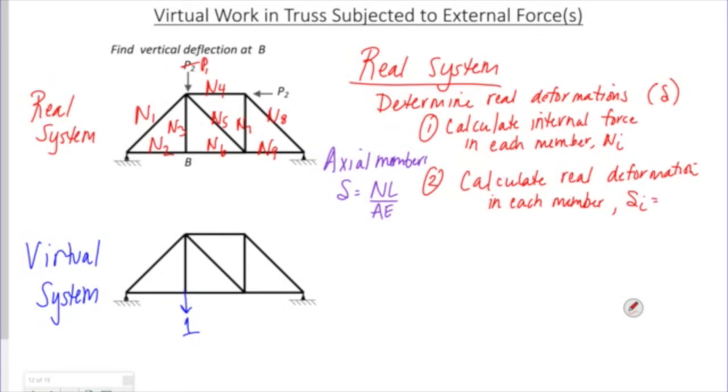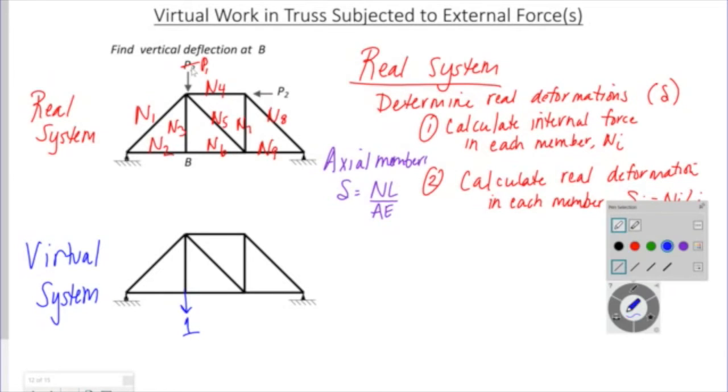Delta i is equal to Ni Li over Ai Ei. So each member is going to have a different force. Each member might have a different length, likely. Each member might have a different area and might be made out of a different material, so it might have a different elastic modulus. Those two often are constant throughout, but they might change, so they're in there.